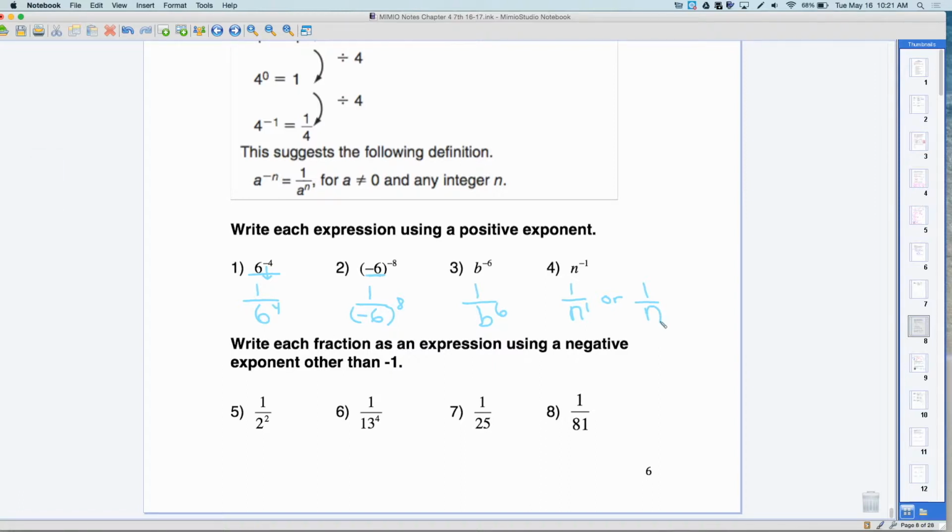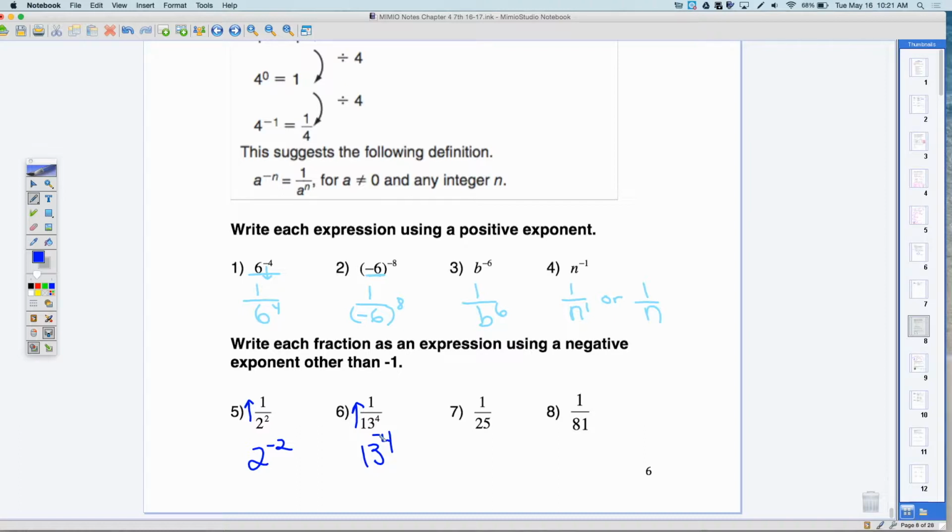The next set of examples says write each fraction as an expression using negative exponents, other than negative 1. For number 5, we have 1 over 2 to the second power. We bring that 2 to the second power up to the numerator, and now it becomes negative. So it's 2 to the negative second power. Number 6, 1 over 13 to the fourth: the 13 goes to the numerator, and the 4 becomes negative.